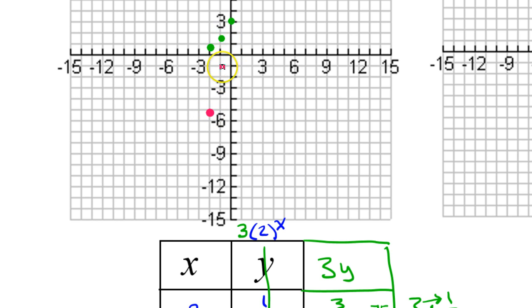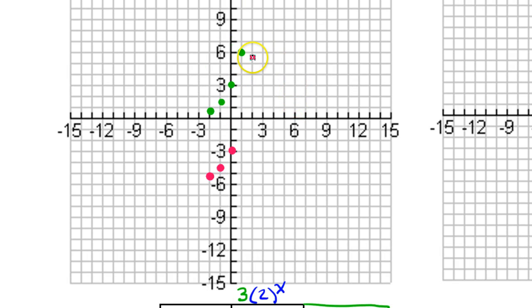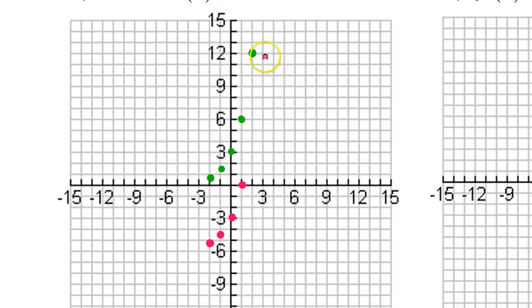Just moving them all down 6. Alright, this is up 6 already, so if I move it down 6, it'll be right there. This is at 12. So if I move it down 6, it should be right there.